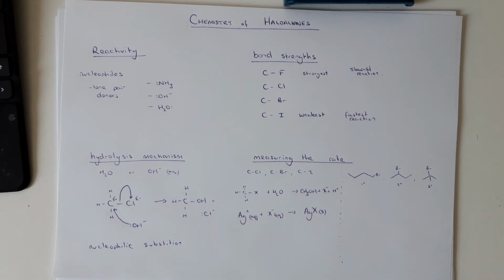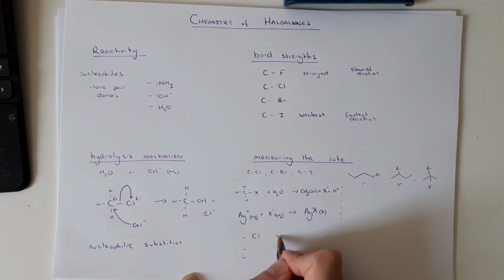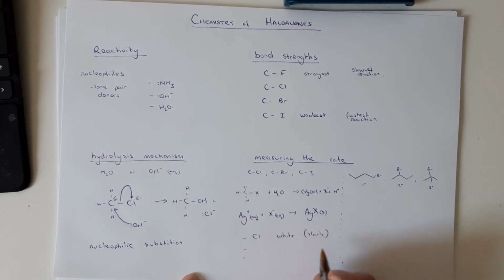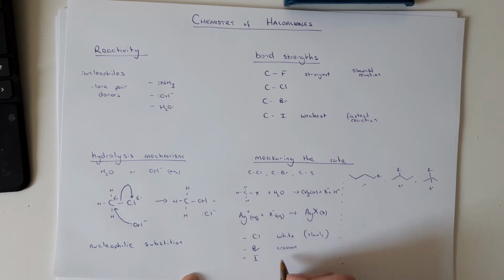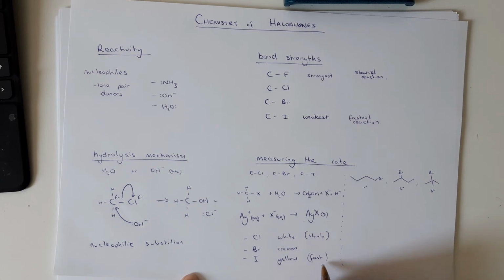And not only can we identify how fast it's going, if we time how long it takes for the precipitate to appear, we can also use it to identify what our original X was, because chloride will appear white and it'll appear slowly. Bromide will appear cream and it'll come a bit quicker than chloride. And iodide will be yellow and it will come the fastest of the three.